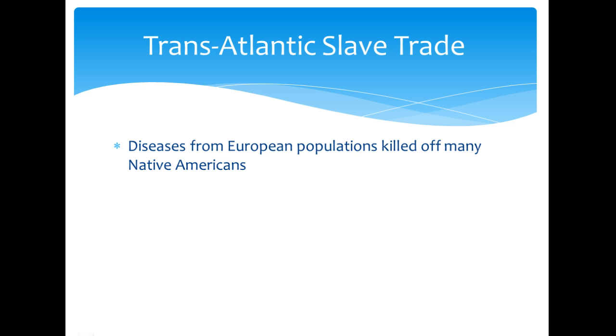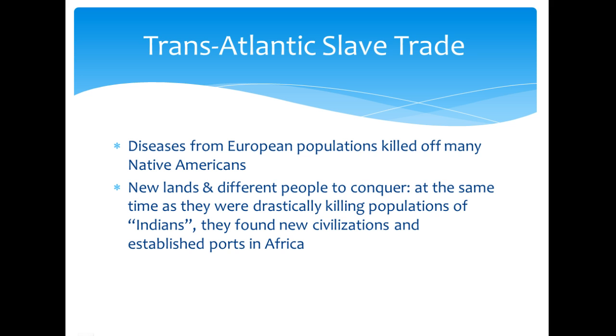So, as you know, during the Columbian Exchange, diseases from European populations killed off many of the Native Americans. So things like smallpox, chickenpox, those sorts of things, that was deadly to the Native Americans. And by Native Americans, I mean all Americans, not just those living in what is today the United States. So new lands and different people to conquer led to the transatlantic slave trade.